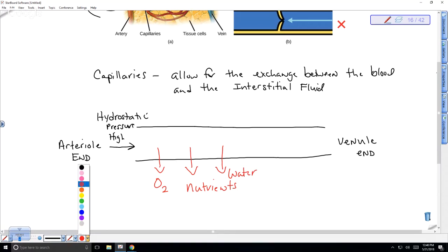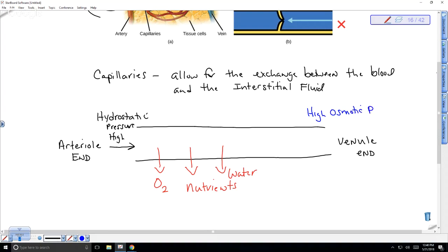So at the venule end, instead of the hydrostatic pressure, which would be the pressure created by the pumping of the heart, we have pressure that is going to suck stuff back in. This is called osmotic pressure, so I'm going to put high osmotic pressure.